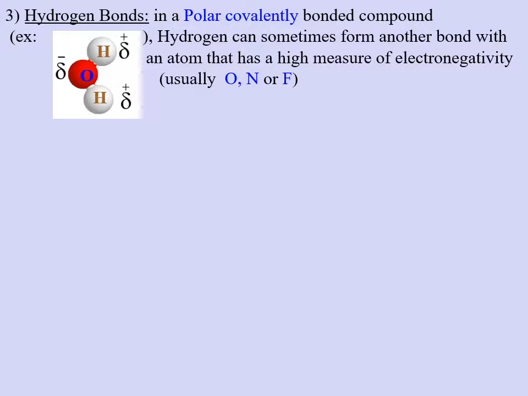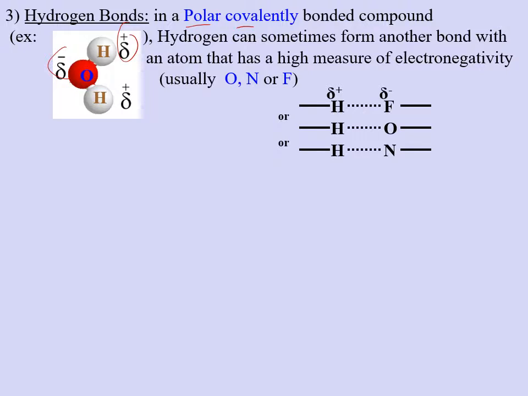So hydrogen bonds in water end up coming about because water is what we call polar covalently bonded. So water has these slight charges, these slight negatives and these slight positives, and because of that, water molecules can form other types of bonds with other water molecules.